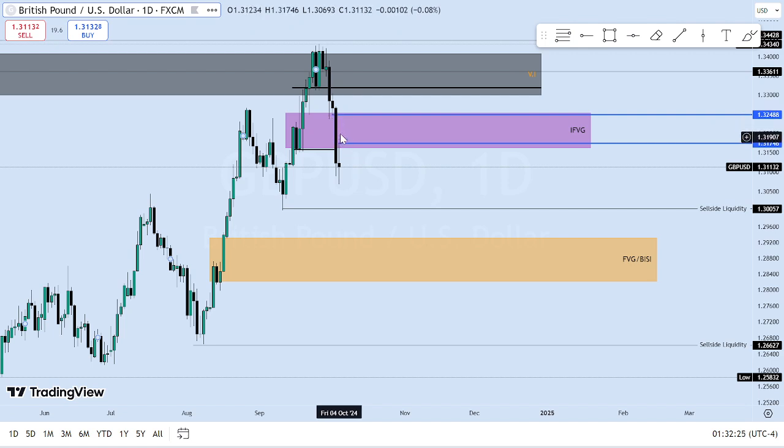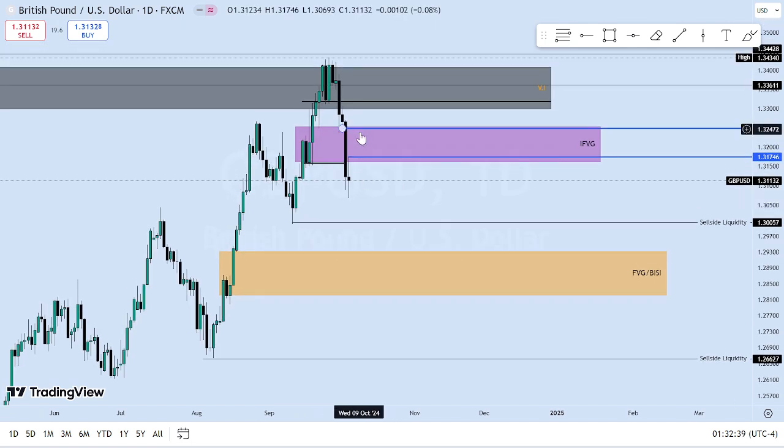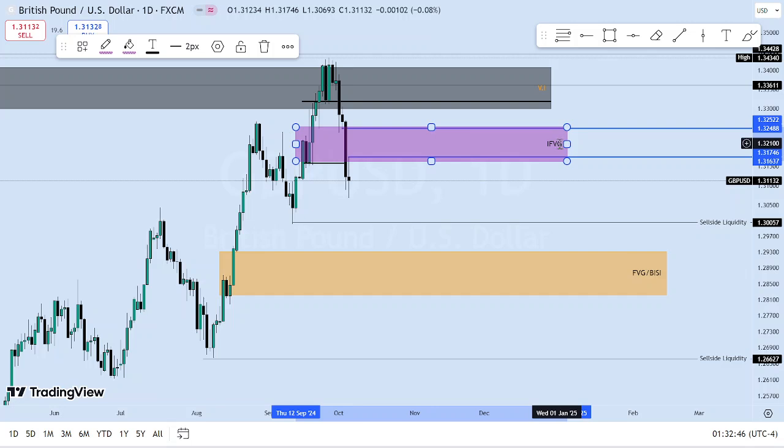You can see that gap here in daily chart, and we had a displacement that shifted the market structure and then created a fair value gap. So coming weeks, months, we like to see price deliver into this. Why here? This inversion fair value gap is our weekly inversion fair value gap.